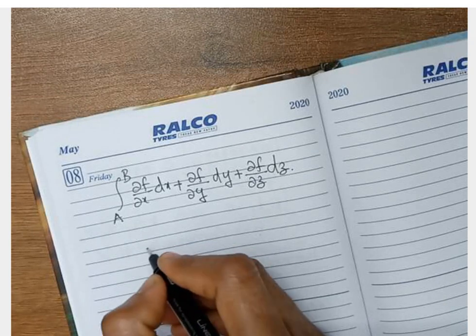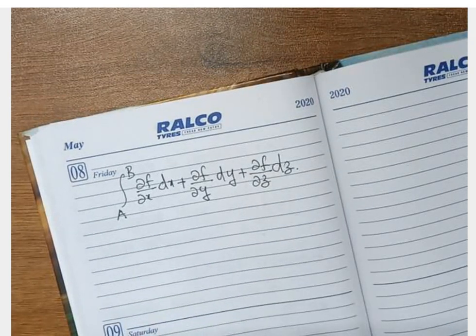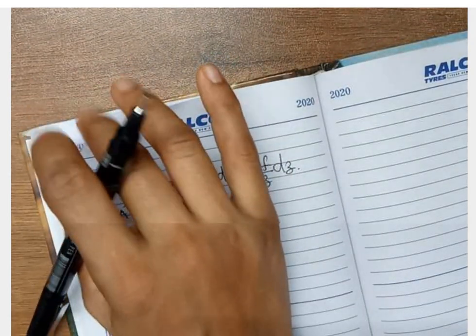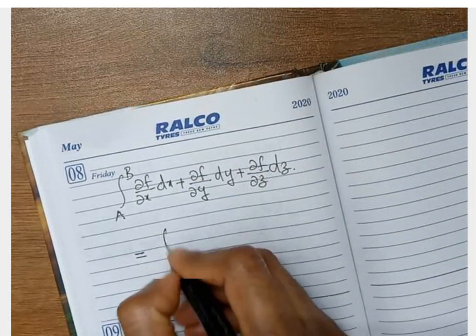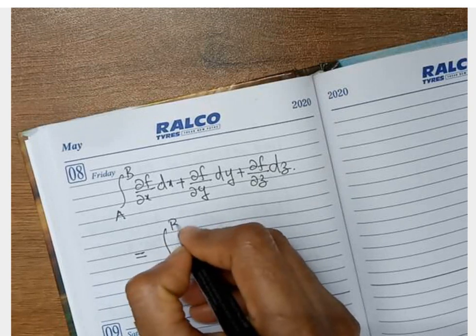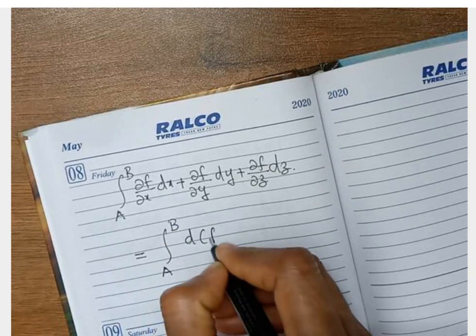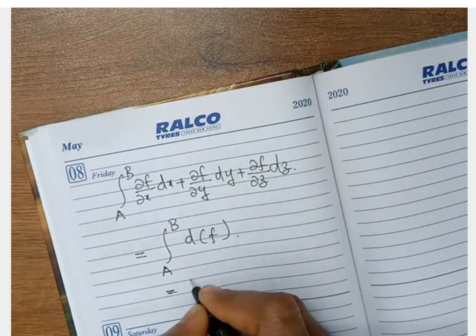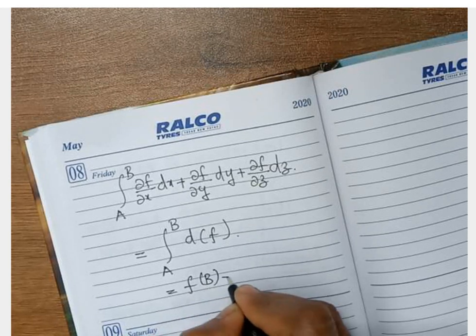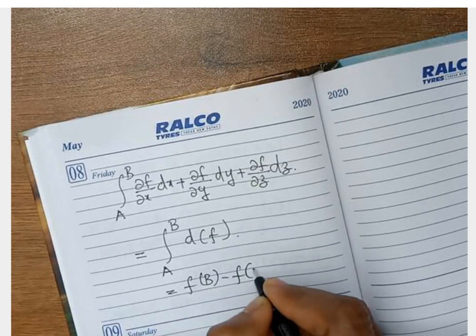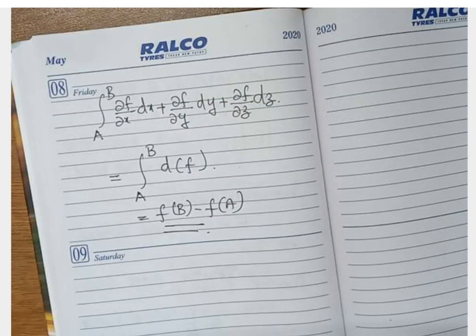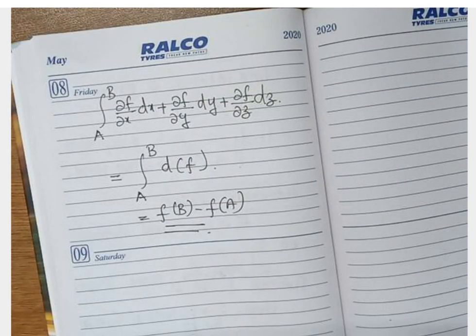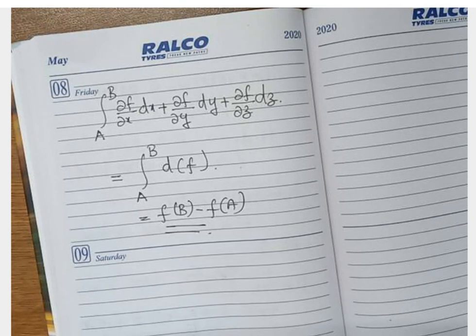This is the integral from A to B of the derivative of f, which is equal to f of B minus f of A. That means this line integral is path independent and its value is equal to f of B minus f of A.